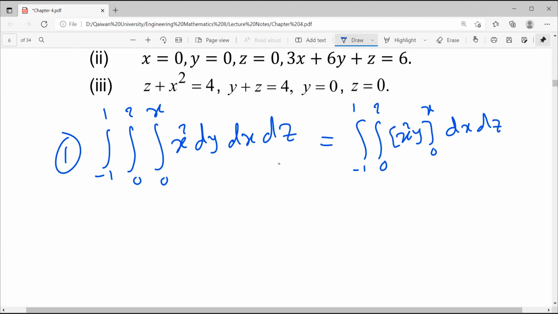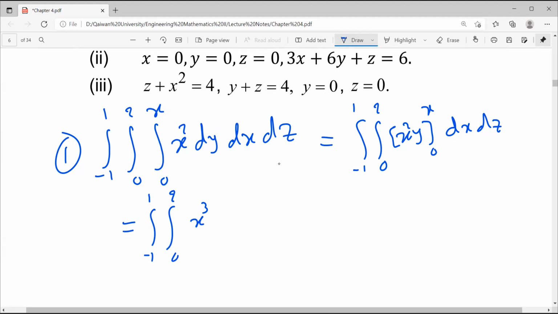Now, we first replace y by x, then we replace y by 0. It equals the double integration, -1 to 1, 0 to 2, for x cubed minus 0. It's still x cubed. When we replace the lower and upper limits, we just replace y by the lower and upper limits.